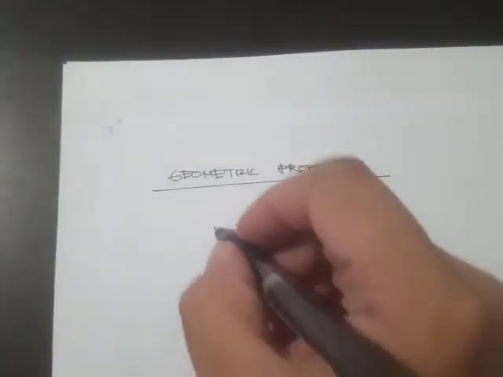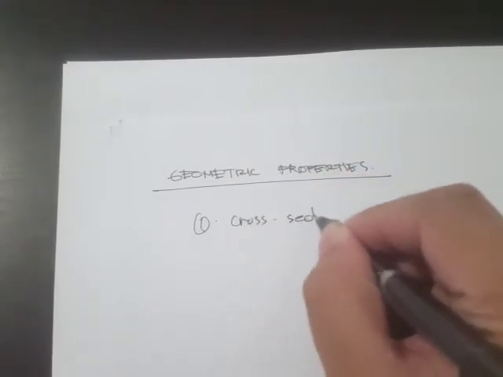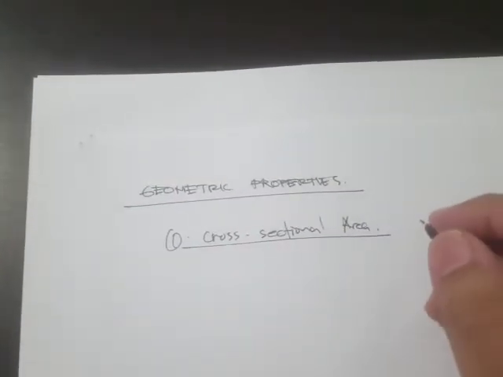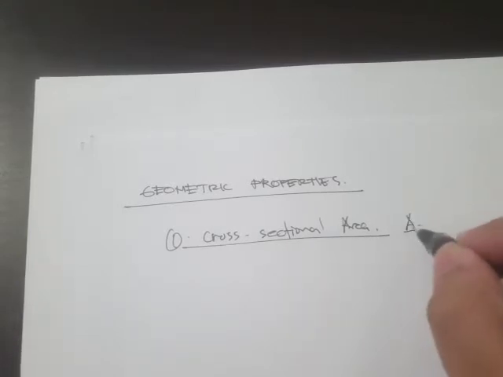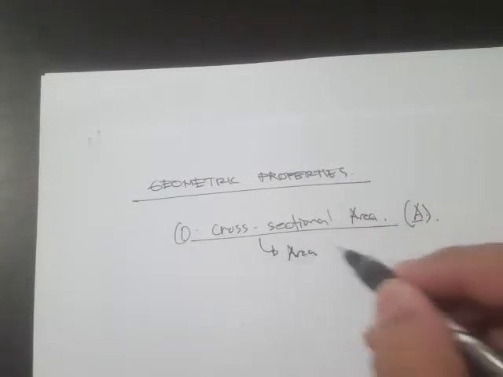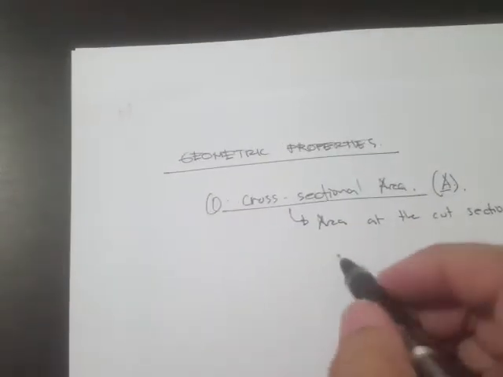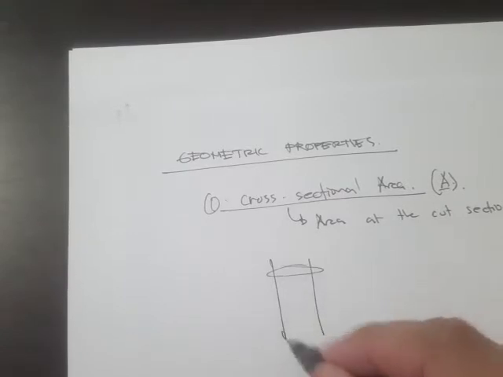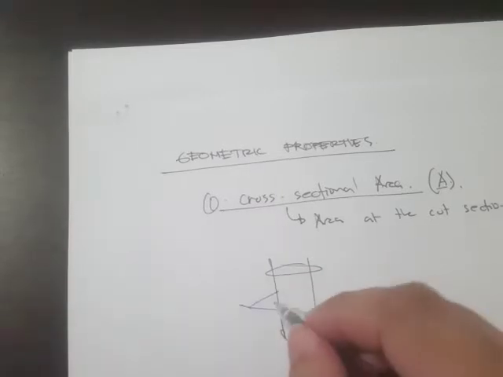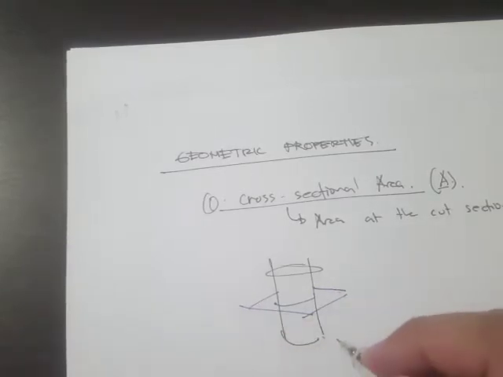So the first geometric property that we'll consider is the cross-sectional area. The symbol that's often used for cross-sectional area is simply A, and what that means is the area at the cut section. For example, I have this shape right here, and I want to cut somewhere along the length, perpendicular to the longitudinal axis.